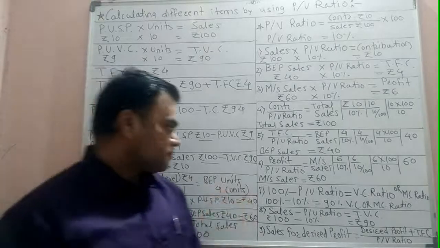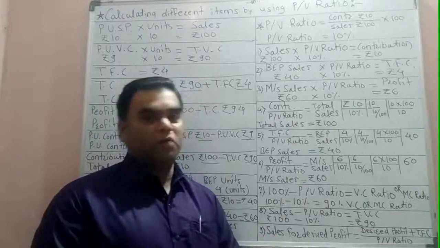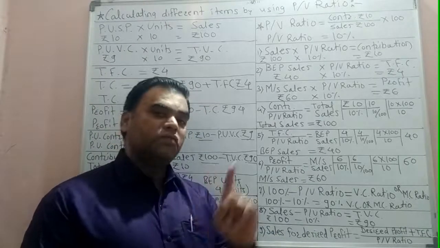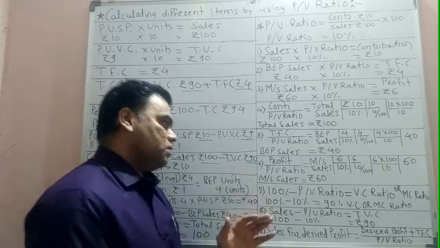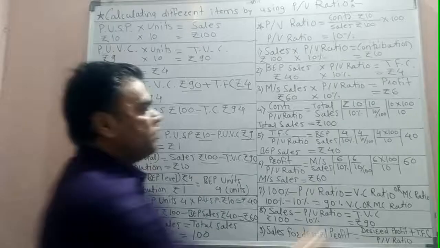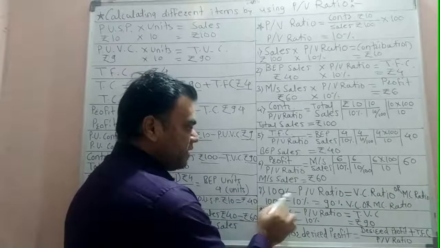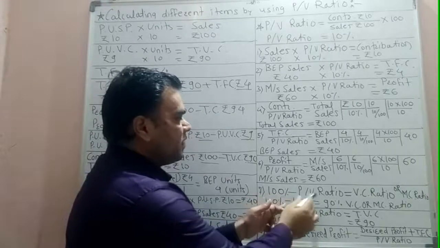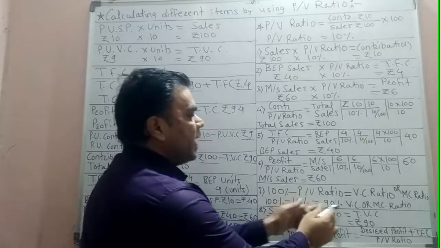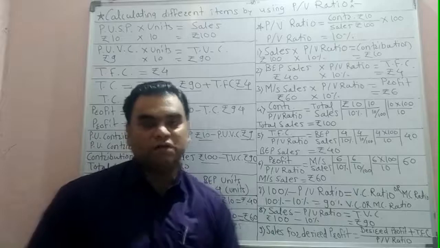Then next, if we have to calculate variable cost ratio or marginal cost ratio, that also we can calculate by using PV ratio. So the formula for calculating VC ratio or marginal cost ratio is 100% less PV ratio. So 100% less PV ratio 10% is equal to 90%, the variable cost ratio or marginal cost ratio.